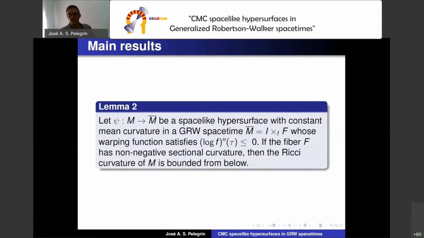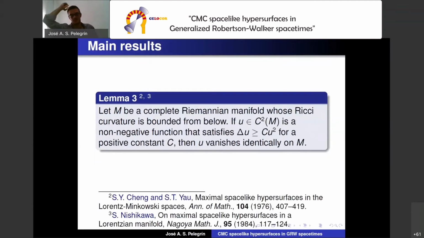make sense when combined with the third one, which, as I have previously said, is a consequence of the Omori-Yau maximum principle for the Laplacian. This lemma was first used by Cheng and Yau to prove their classical Calabi-Bernstein theorem in the Lorentz-Minkowski spacetime of arbitrary dimension.